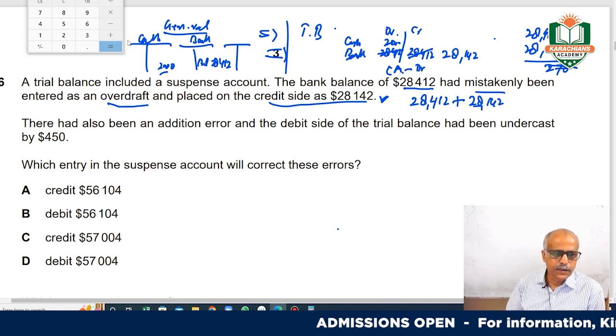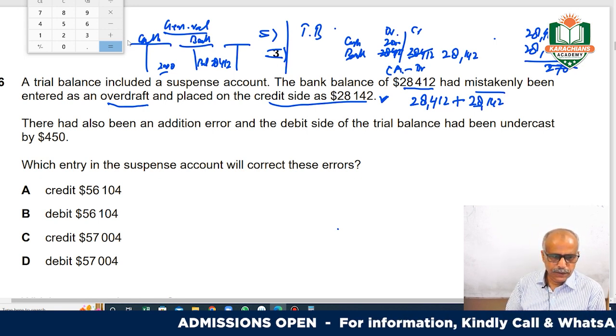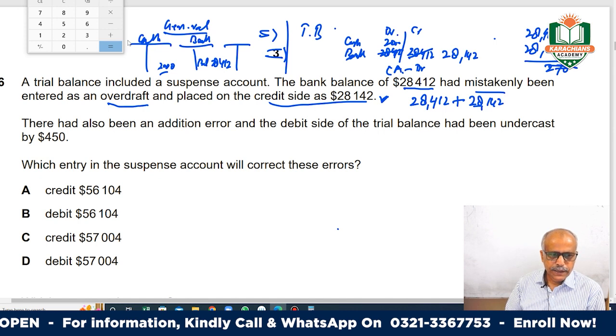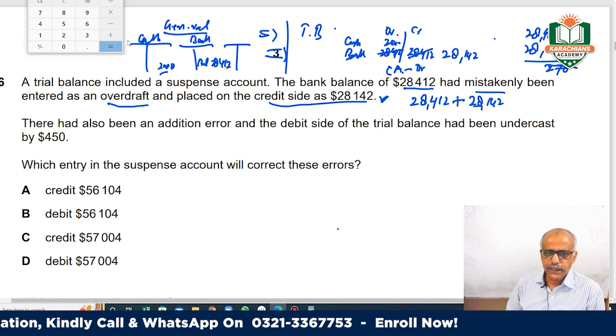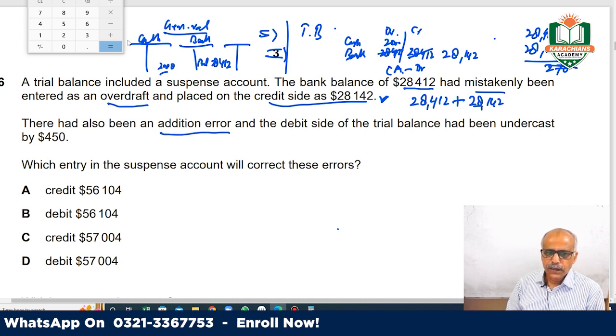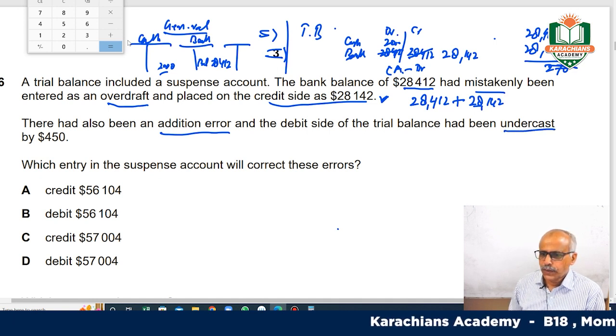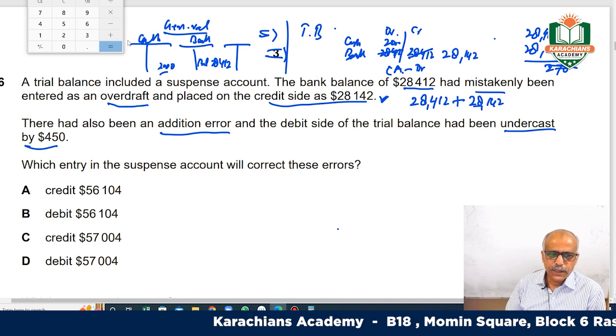But another error they have found out: there had also been an addition error, a casting error, right? And the debit side of the trial balance had been undercast. Okay, so again, what mistake did you make?